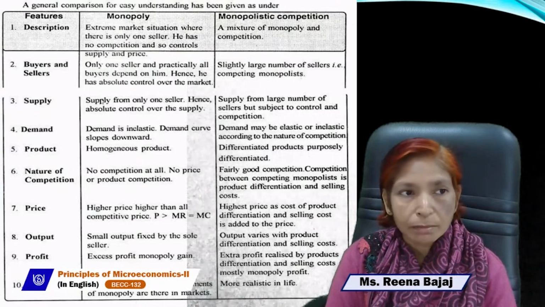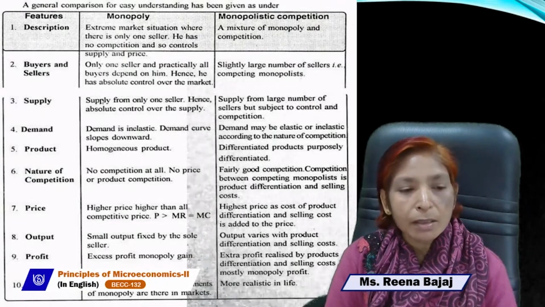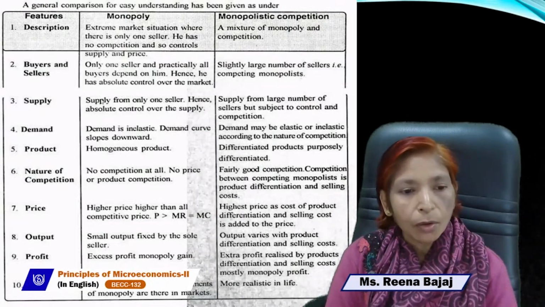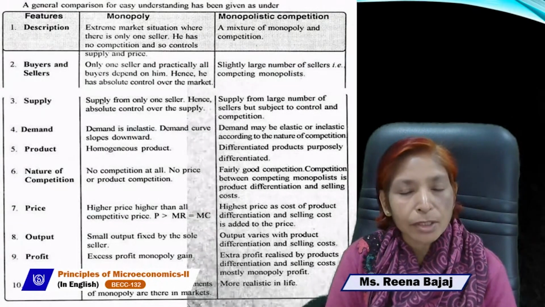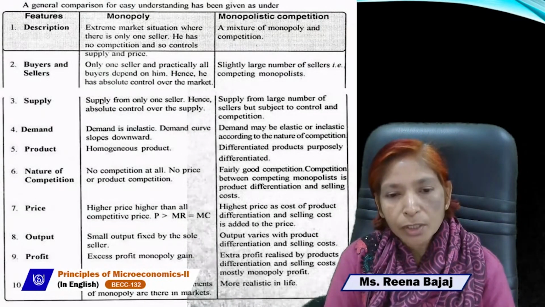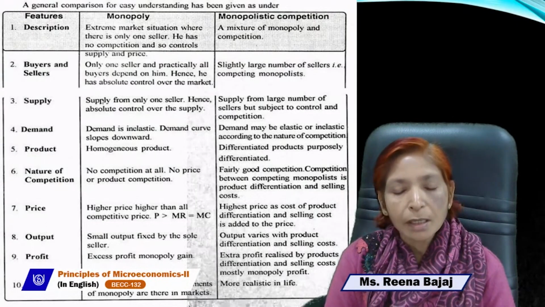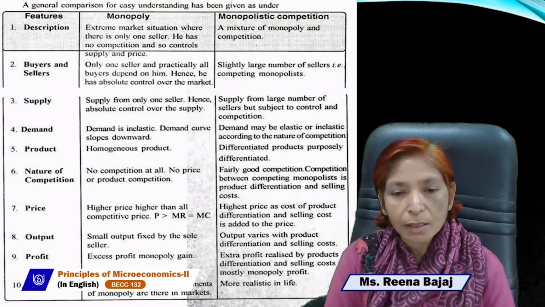Nature of competition: the basis of difference is that in a monopoly market there is no competition at all, no price or product competition, because only a single seller exists. In monopolistic competition, there is very large competition in this market because all sellers produce differentiated products, but the purpose of the product is the same.